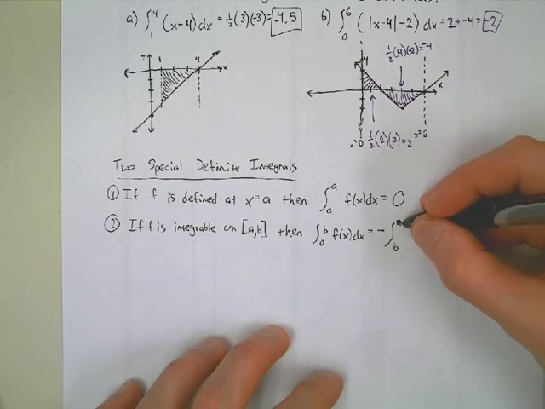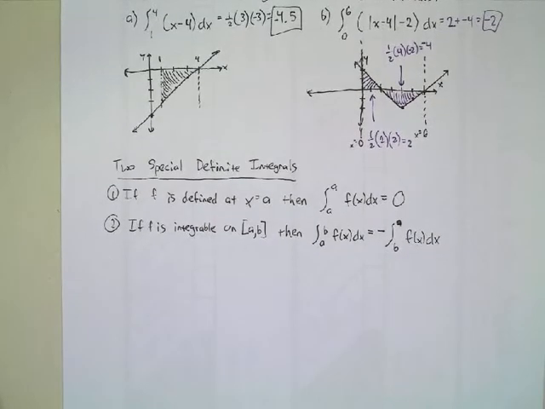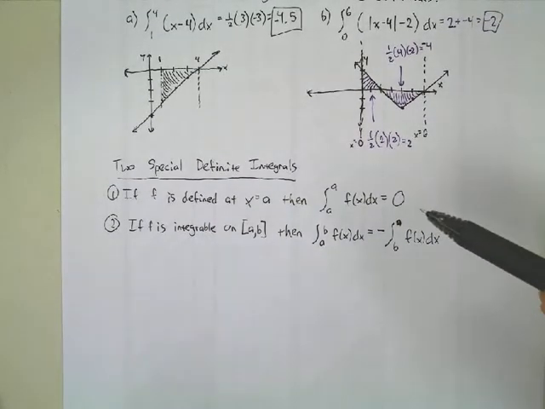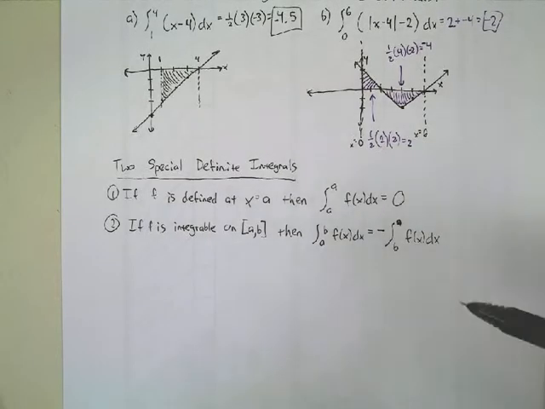So integrating from a to b of f of x is the opposite of the integral from b to a. Integrating left to right over the same interval and then right to left will give opposite values from one another.